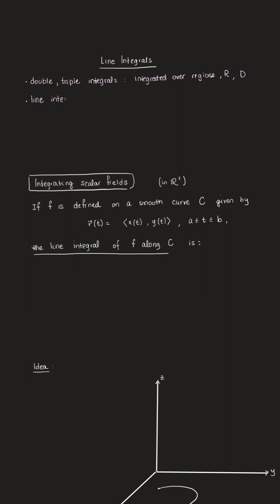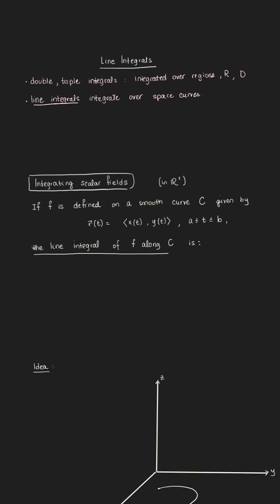So we still integrate a function or a vector field, but we integrate over curves. We can call them planar curves if we're on the xy plane, or space curves to be more general. So we integrate over curves.